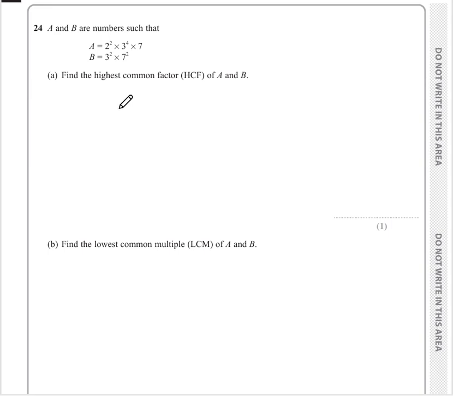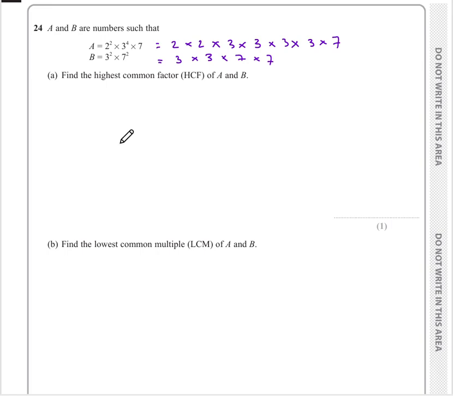Question 24. A and B are numbers such that A is equal to 2 squared, so that's 2 times 2, times 3 to the power of 4, so that's 3 times 3 times 3 times 3, times 7. And B is 3 times 3 times 7.